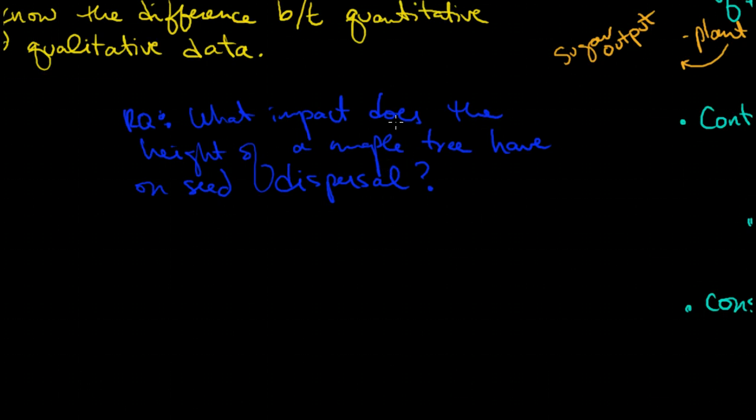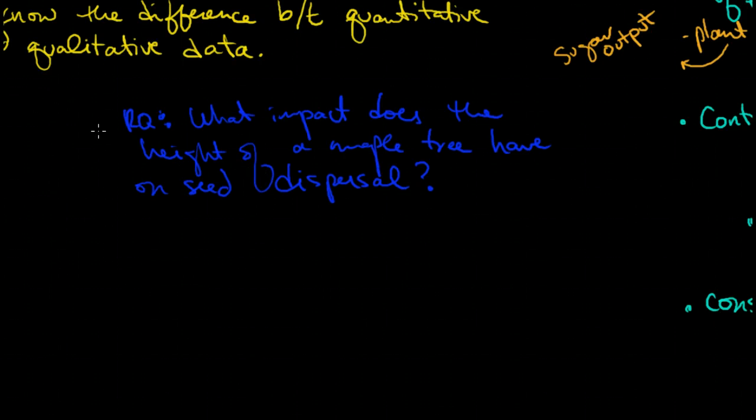But my prediction is that the taller the tree, the further the seeds are going to go, because there would be more time for wind to catch the seeds. There's more wind at higher heights, and on shorter trees, seeds are going to fall more directly straight to the ground. Okay, so that's my hypothesis. I think the taller trees are going to have higher dispersal or more spread from the base. So that's my research question.